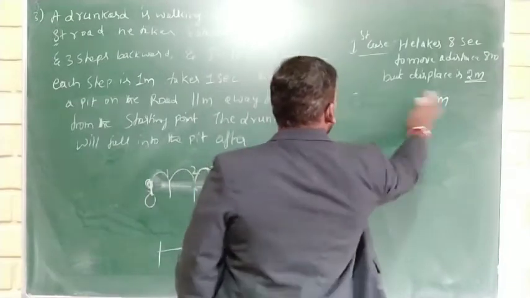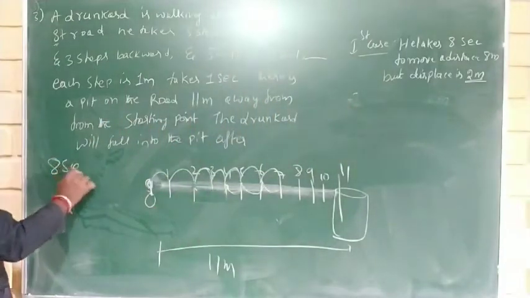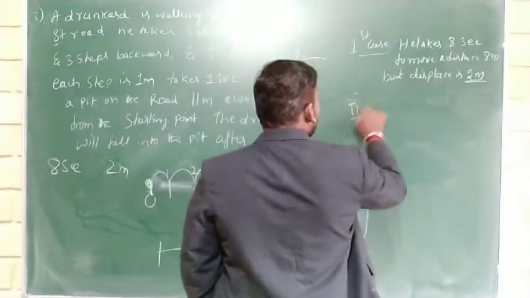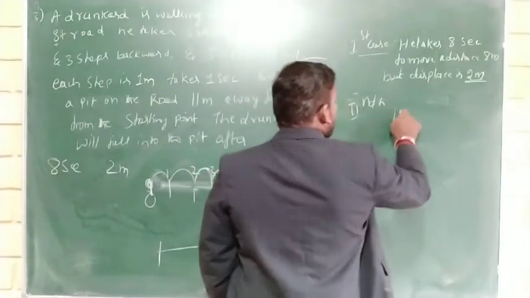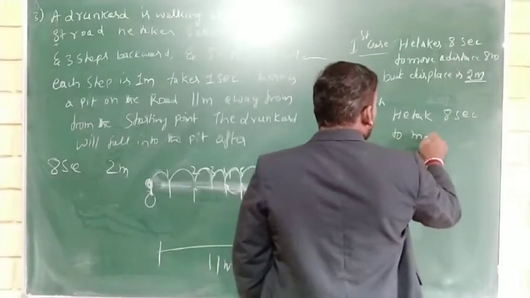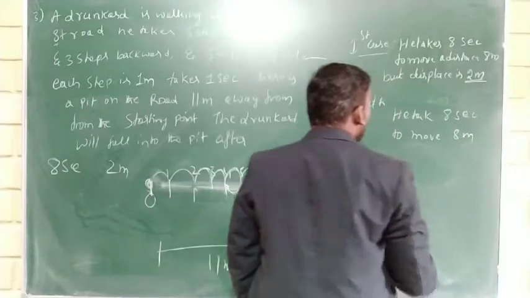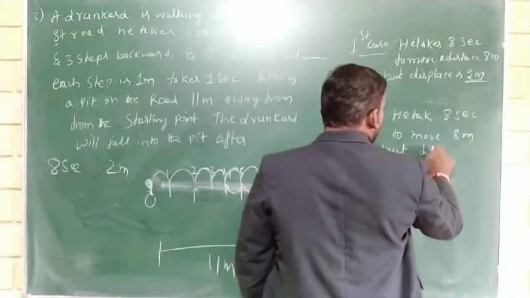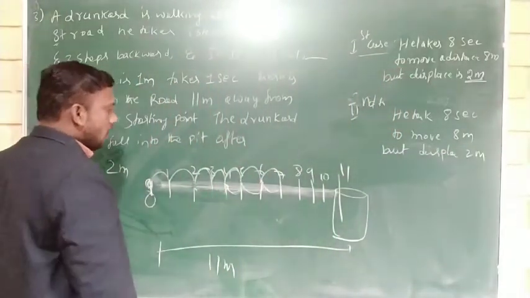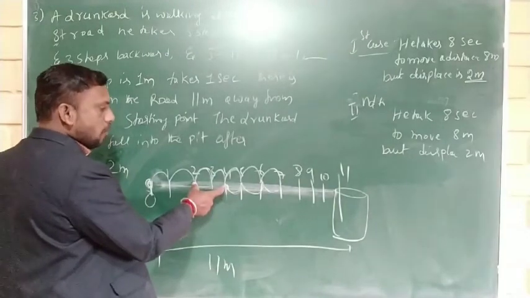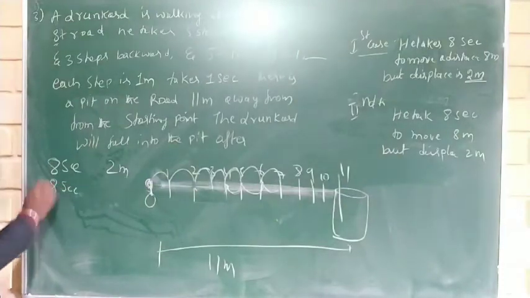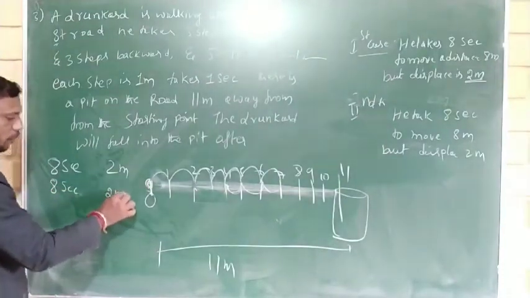In the second case, he takes 8 seconds to move a distance of 8 meter, but displacement is 2 meter. From this point to this point, displacement is 2 meter, but total displacement is 4 meter.